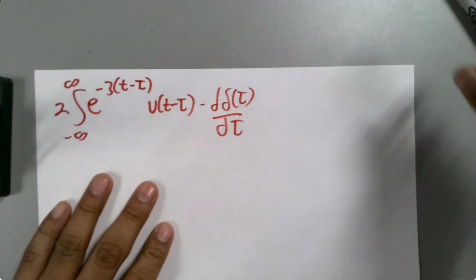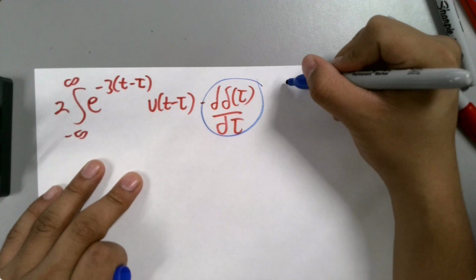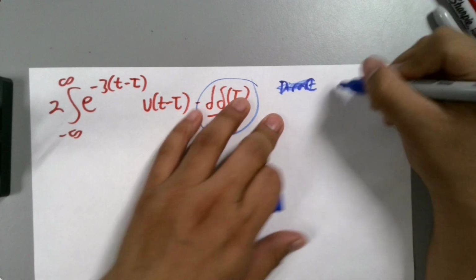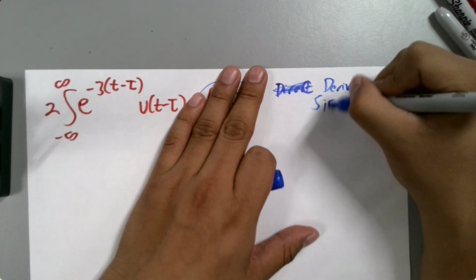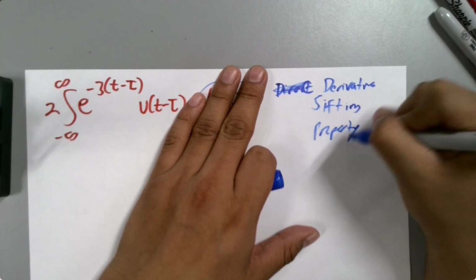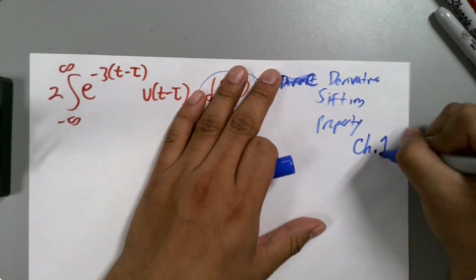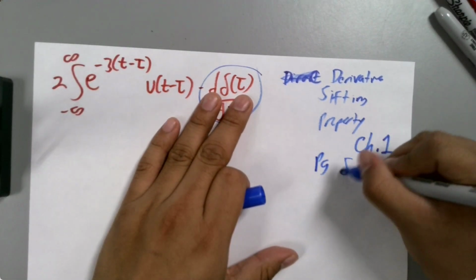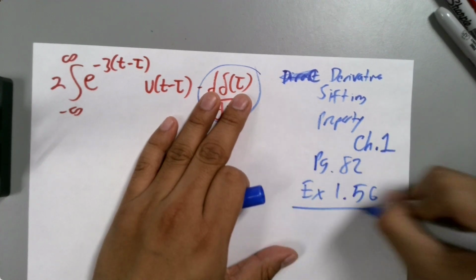And what does this look like? This is the Dirac relative sifting property, which you can find in chapter 1. I don't remember what page that was. I think it was page 82, example 1.56. I know that's page 82 though for sure.